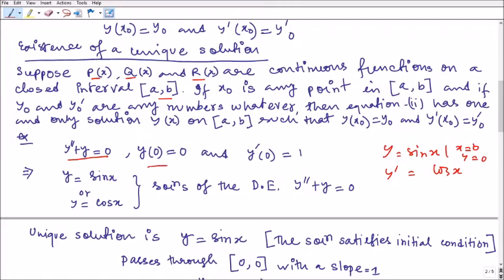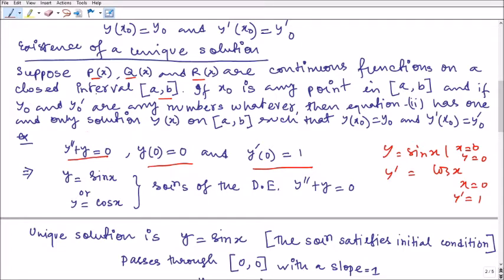So this condition is satisfied. Now from this equation, if you put x equal to 0, then we get y dash equal to 1. So this condition is also satisfied. So we can say that y equal to sin of x is the unique solution of this differential equation.